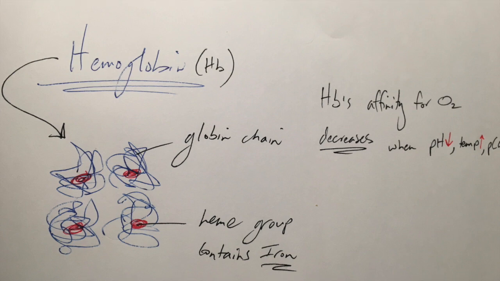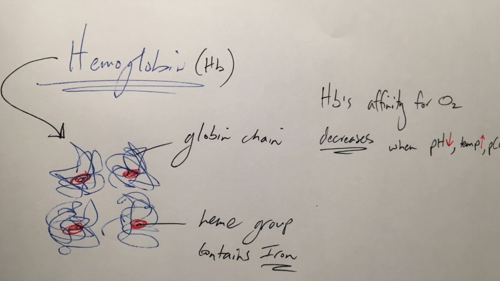When temperature gets really high, like when you exercise, you're releasing a lot of heat at your muscles, and that causes temperature to increase. What is that going to do to hemoglobin's affinity for oxygen when temperature goes up? It's going to decrease. So it has a low affinity for oxygen.